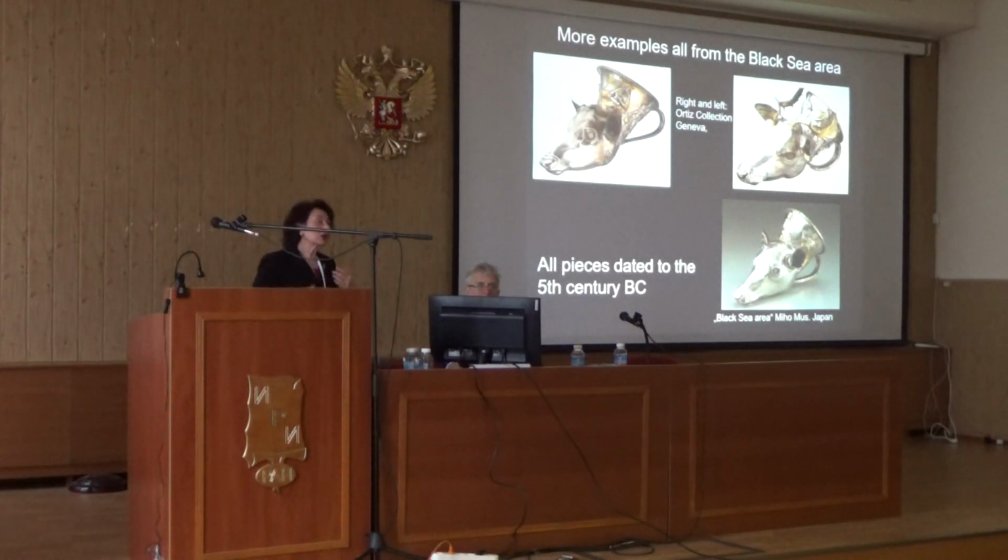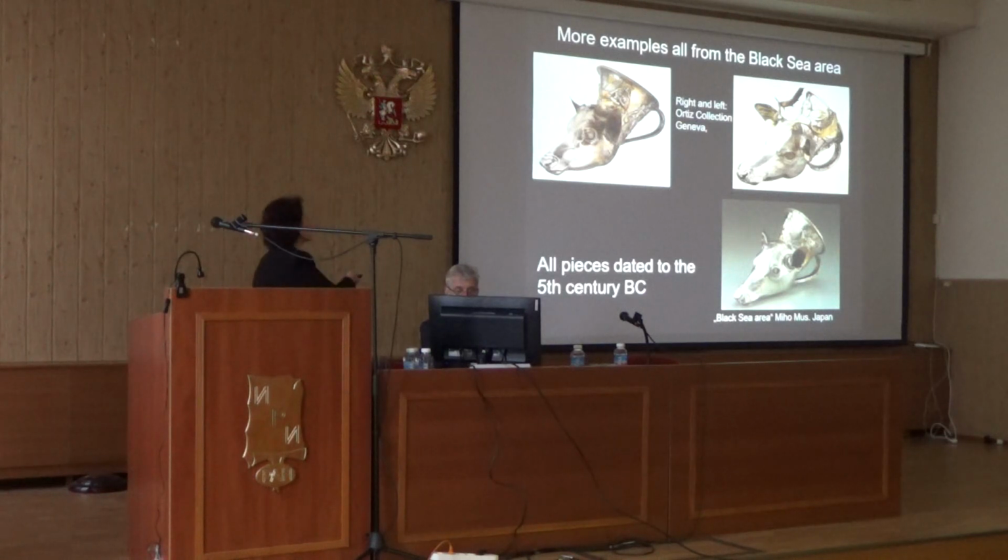I've been looking at some more examples from the Black Sea area. These are two rhyta from the Ortiz collection in Switzerland, and maybe you can see the niello around the eye here, and in the mouth here, and in the nose.